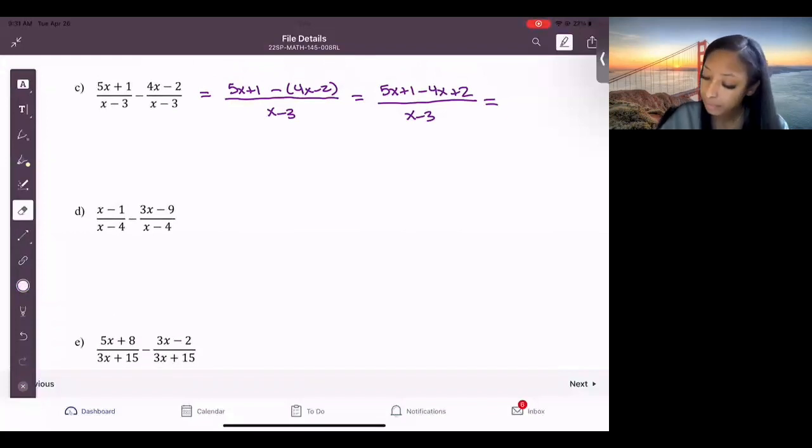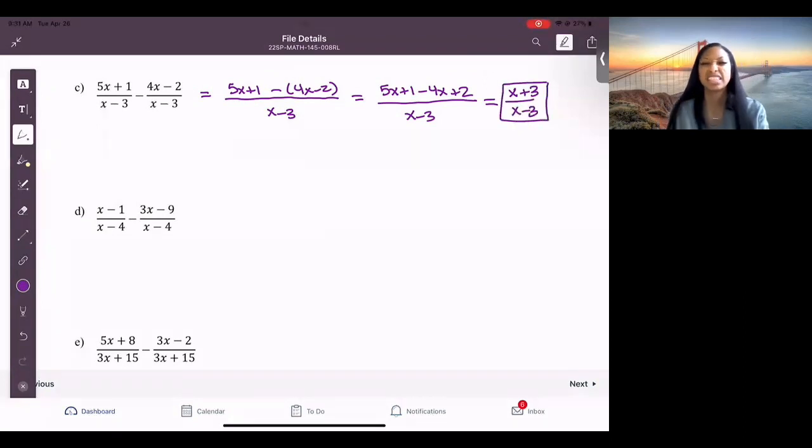All right, then simplifying our numerator. 5x minus 4x is just x. 1 plus 2 is 3. So we get x plus 3 over x minus 3. And that's it. Can't simplify that because those are different factors.